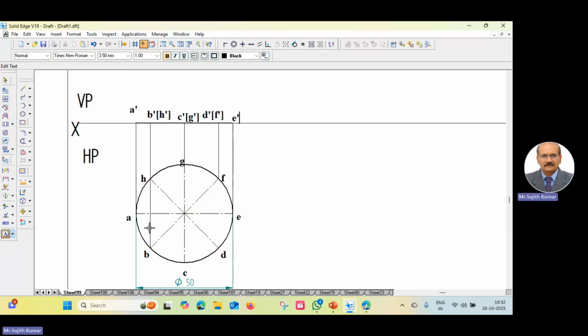Now you got the top view, which is a circle, and the front view, which is a straight line.